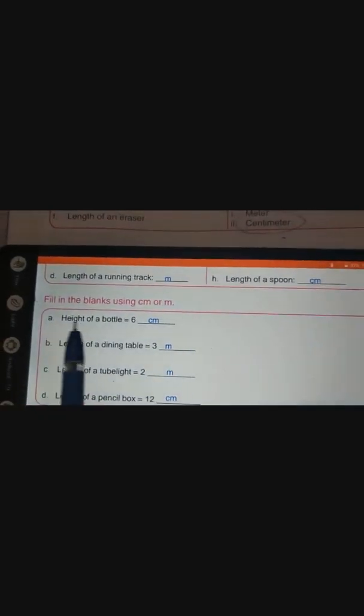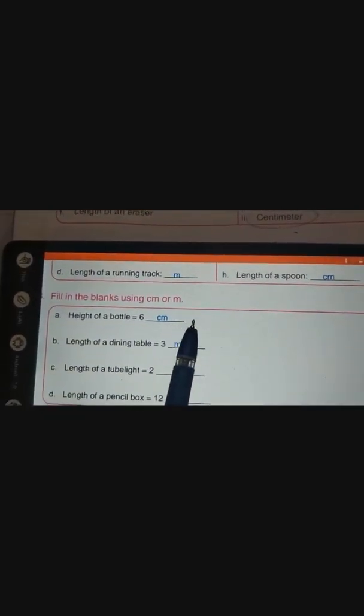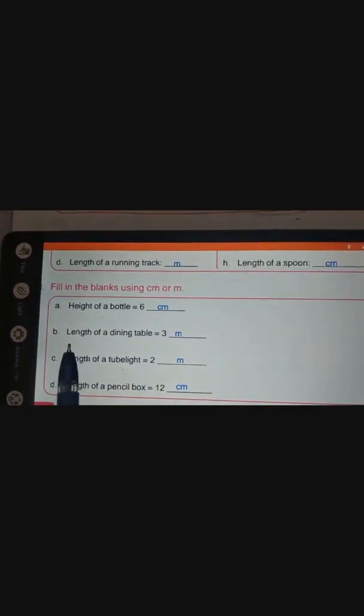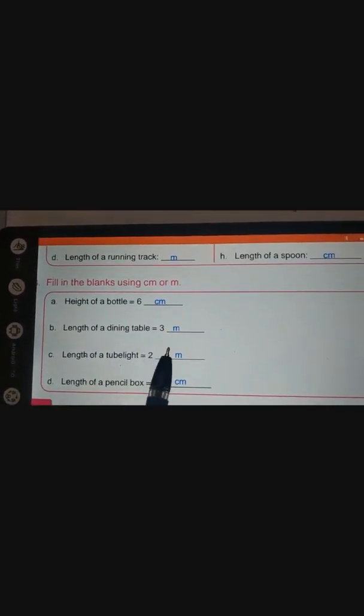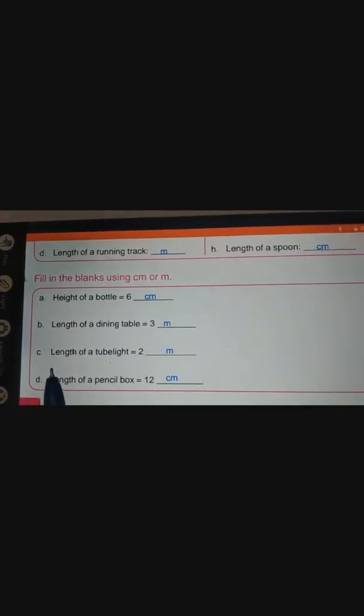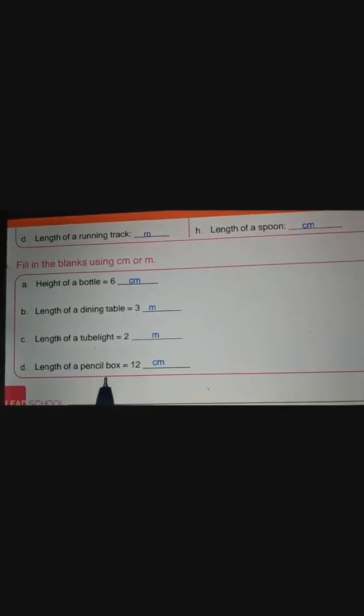Now next portion is filling the blanks using the centimeter or meter. So height of a bottle, 6 centimeters students. Length of a dining table, not 3 centimeter, 3 meter is there. Length of the tube light, 2 meter. And length of the pencil box, 12 centimeter. I'll give you half a minute students. You have to complete your work.